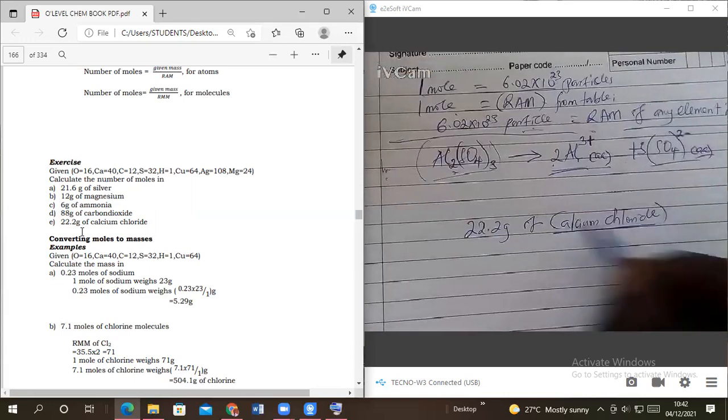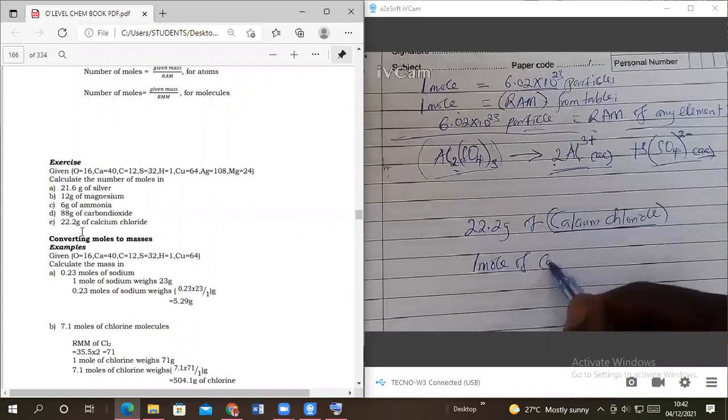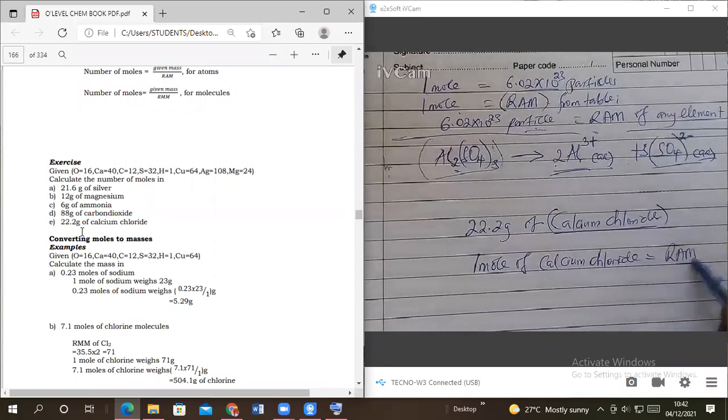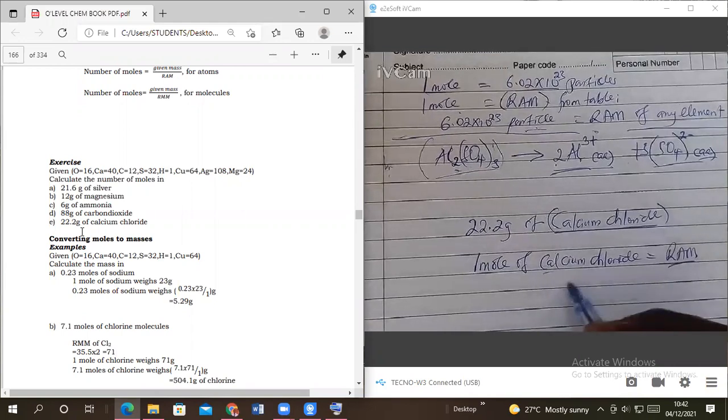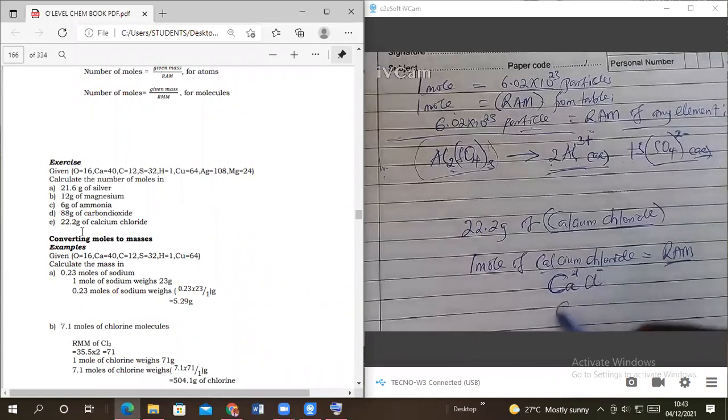For you to do this, you must write that 1 mole of calcium chloride equals the relative atomic mass of that substance. Calcium has a valence of 2, chloride is Cl minus 1, so calcium chloride is written as CaCl2.